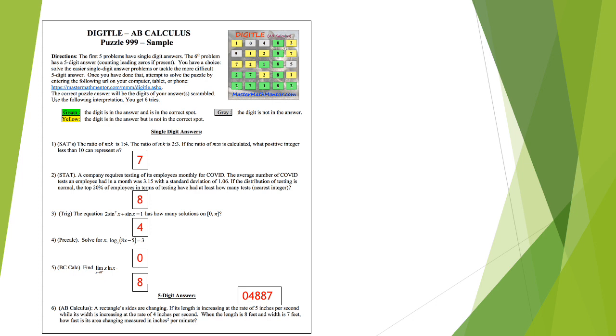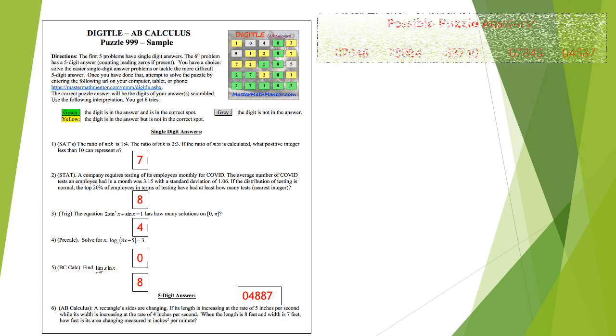For instance, suppose the correct answers to problems 1 through 5 are 7, 8, 4, 0, and 8. Then the answer to problem 6 must be a permutation of those digits. For example, it could be 0, 4, 8, 8, 7.